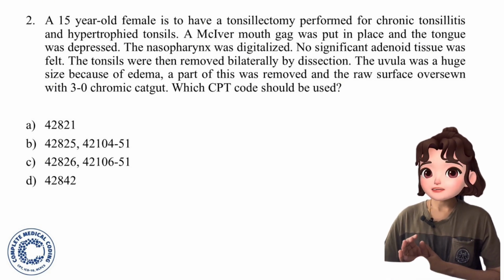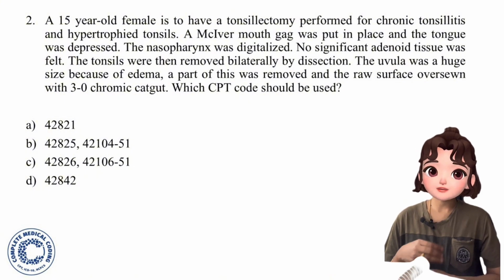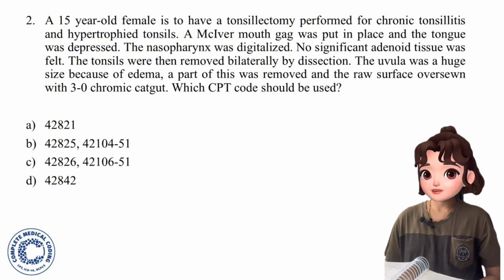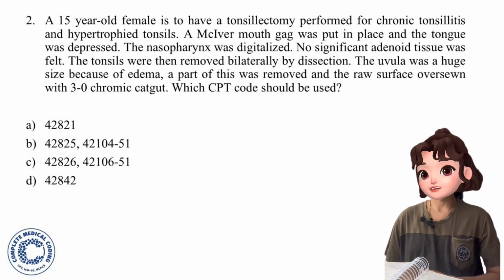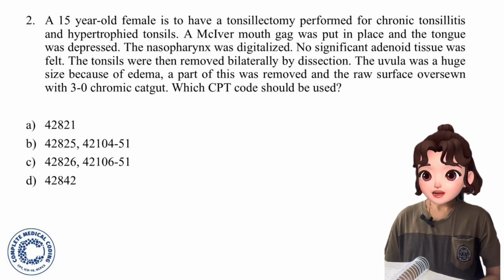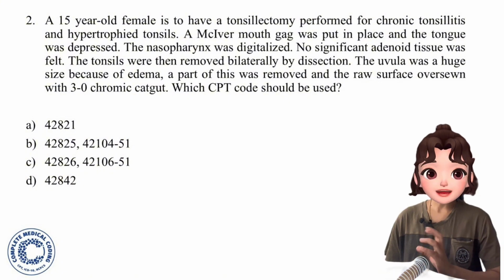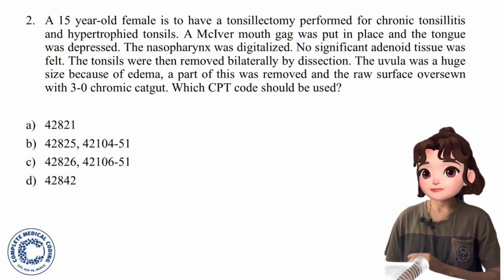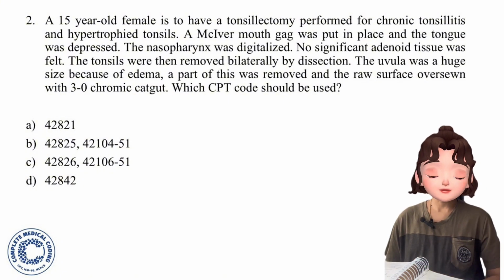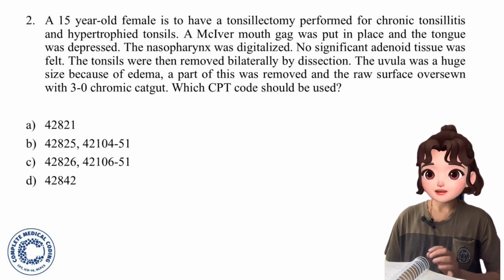The remaining sentences, from sentence 3, just describe how the procedure is being carried out. It mentioned the nasopharynx was digitalized, no significant adenoid tissue was felt, tonsils were then removed bilaterally. It's a bilateral procedure, by dissection. All these describe how the procedure was carried out.